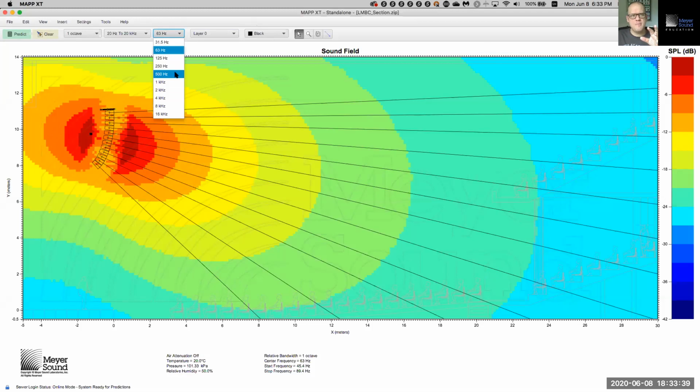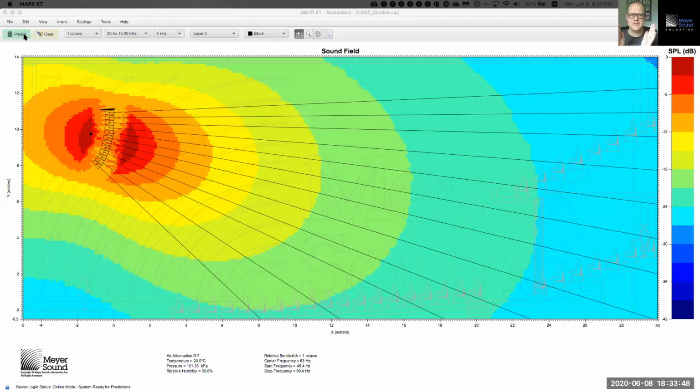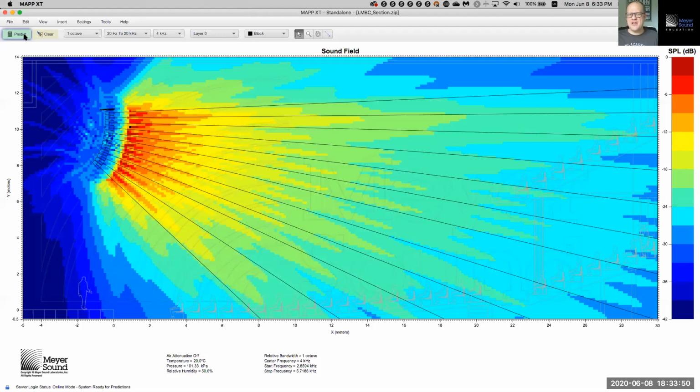Of course, the beam is less defined over here because we have longer wavelengths, but at 4 kilohertz, the beam has sharper edges because the elements themselves are now much narrower. But at 63 hertz and at 4 kilohertz, we see about 6 dB of variance front to back, also at 2 kilohertz. So many frequencies are already taken care of.